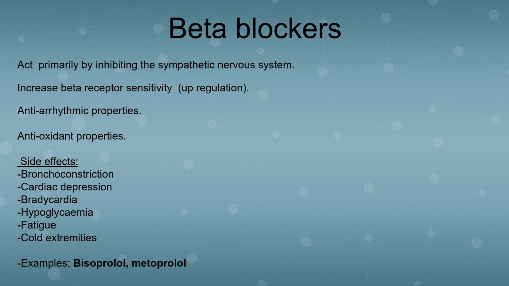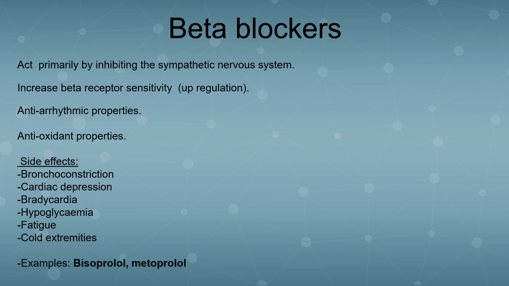Now the beta blockers. Basically you have seen there is sympathetic stimulation, neurohormonal stimulation. Okay, the sympathetic nervous system gets stimulated. So these drugs act primarily by inhibiting the sympathetic nervous system. They increase the beta receptor sensitivity. There is upregulation of beta receptors. These drugs have antiarrhythmic properties.